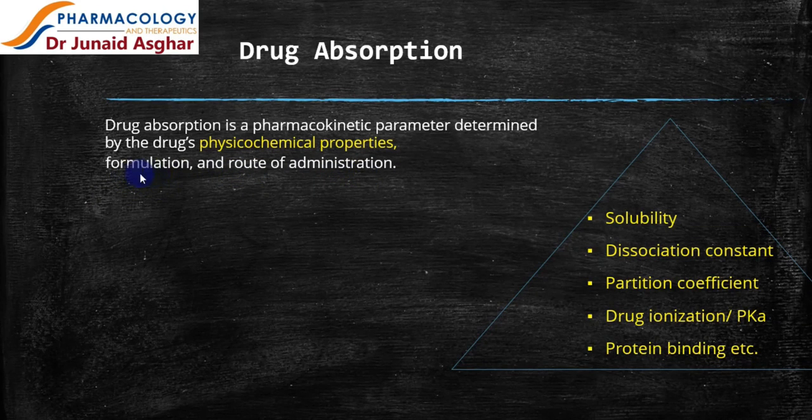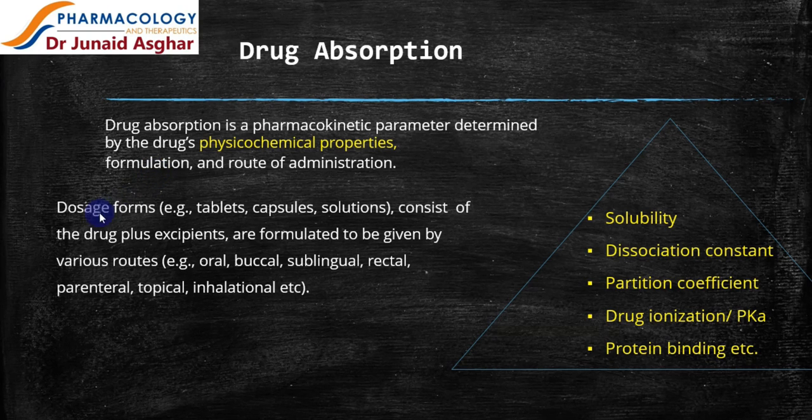Now, let's talk about the formulation effect. Now, the dosage forms, for example, tablets, capsules, and solutions, consist of the drug plus excipients, and are formulated to be given by various routes, for example, oral, buccal, sublingual, rectal, parenteral, topical, and inhalational.